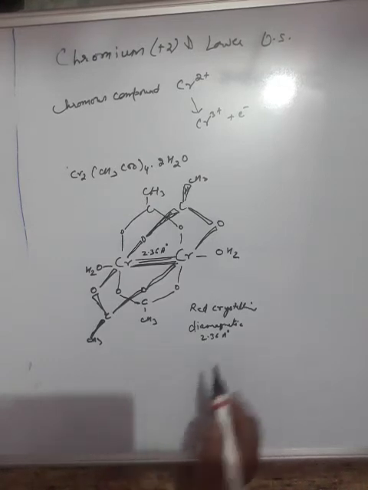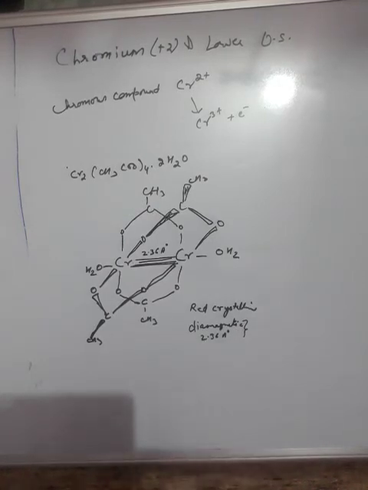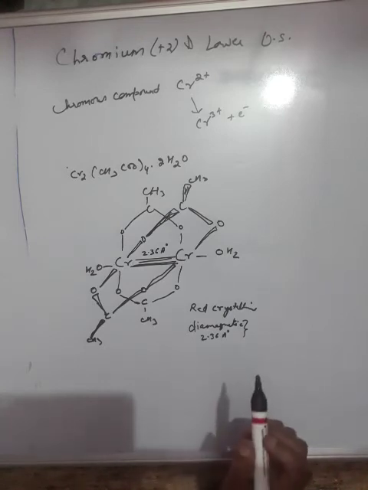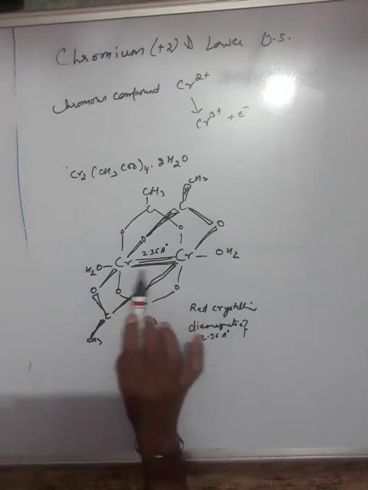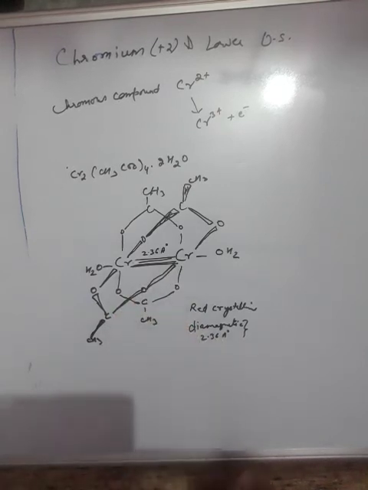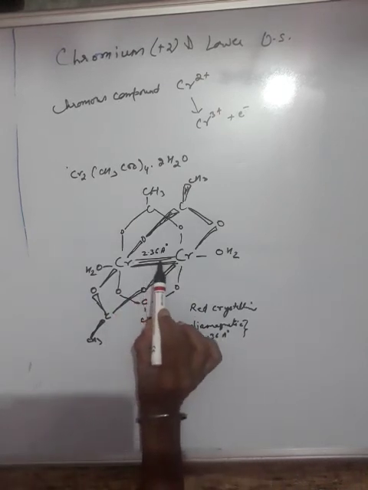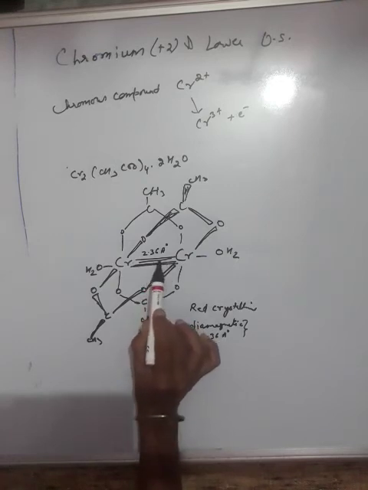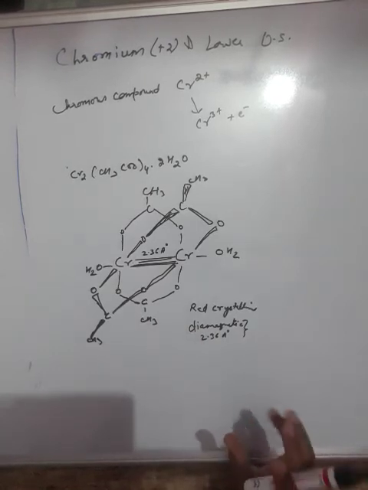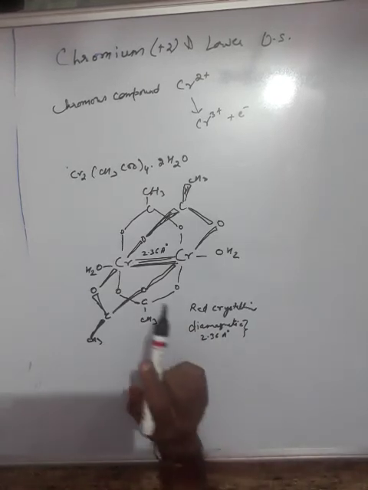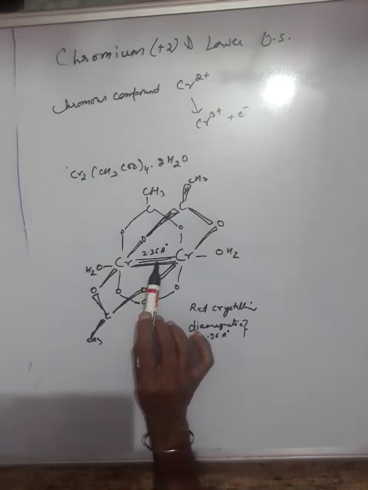So from these two we came to the conclusion that the 4 unpaired electrons from the 2 chromium atoms have taken part in forming these 4 metal bonds, and so all the 4 unpaired electrons have been used up in making these 4 bonds, or the quadruple bond.